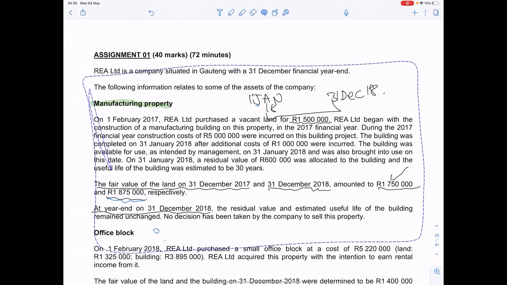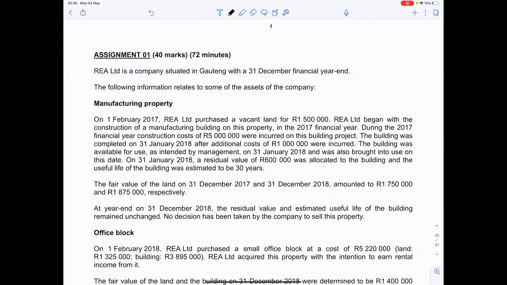Right, we have got three amounts here. We have got an amount of 1.5. We've got an amount of 1,750 at the beginning and an amount of 1,875. So they are saying if this land was at cost, the carrying amount would have been how much? People, how much was going to be the carrying amount? 1.5.